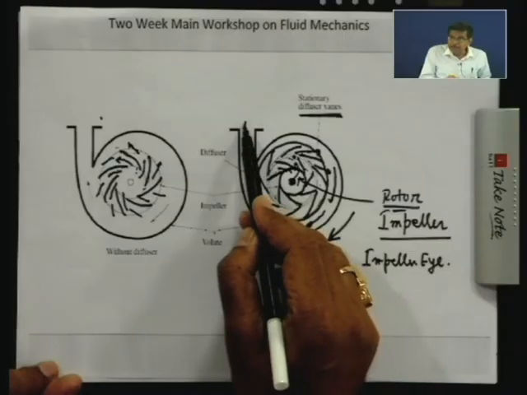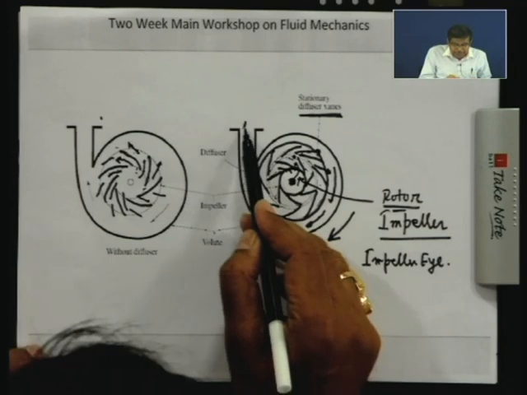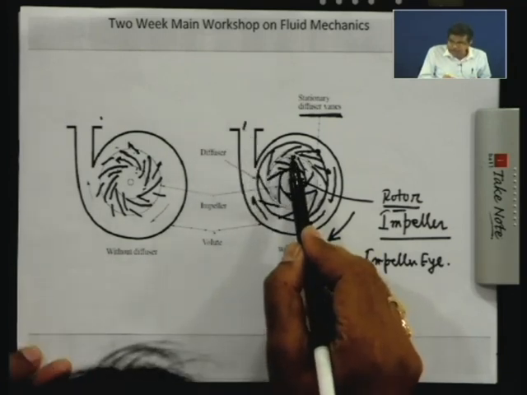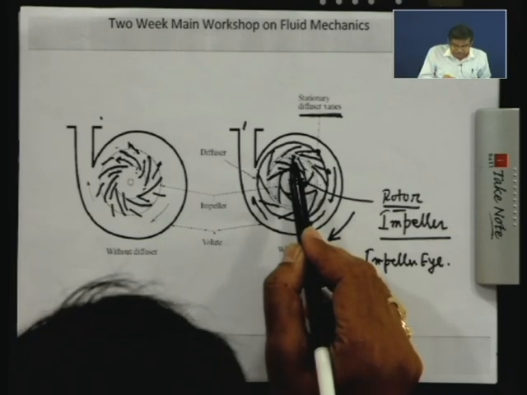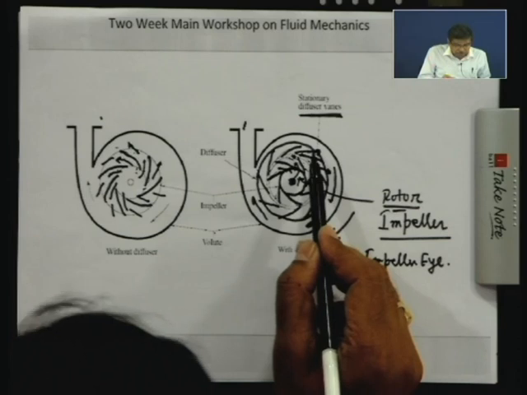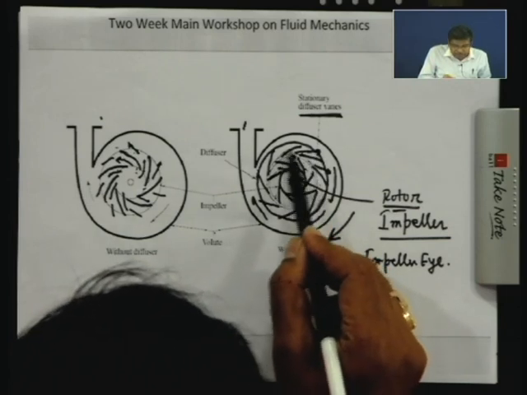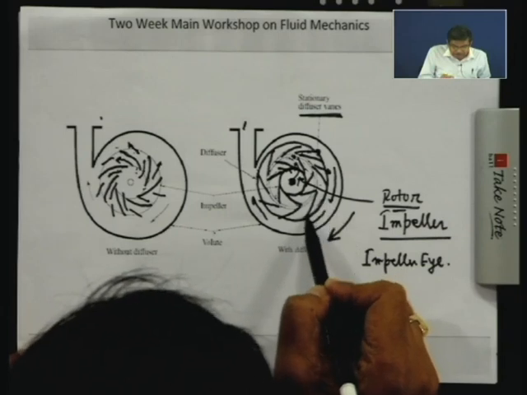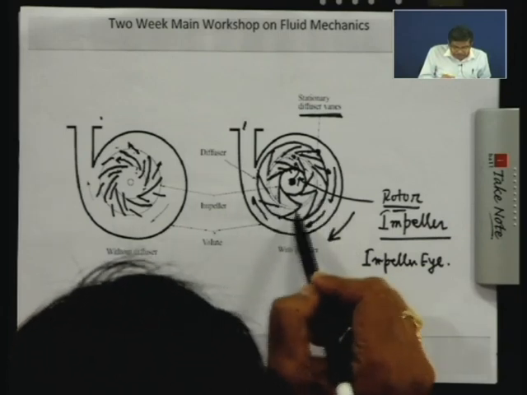So, therefore, as we want the outlet at a high pressure but relatively less velocity, we want to convert a large amount of kinetic energy which has been imparted by the rotor to the water into pressure. That is being done by the static vanes or stationary vanes, because they simply provide a divergent duct.